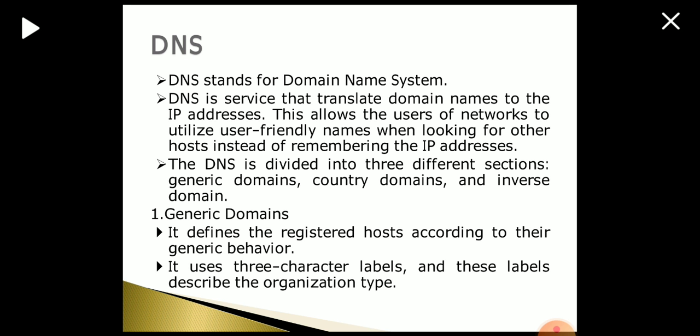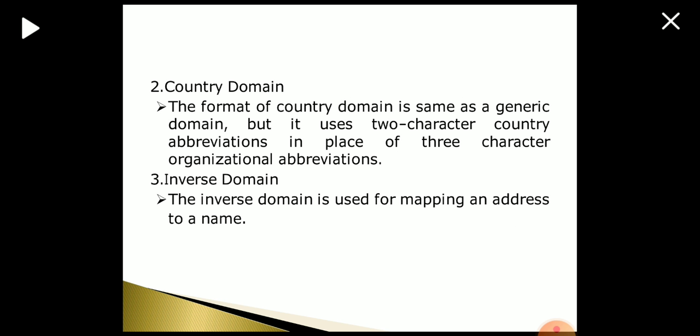Now, first of all, I am going to discuss the generic domain. It defines the registered hosts according to their generic behavior. It uses three-character labels, and these labels describe the organization type. Second is the country domain.